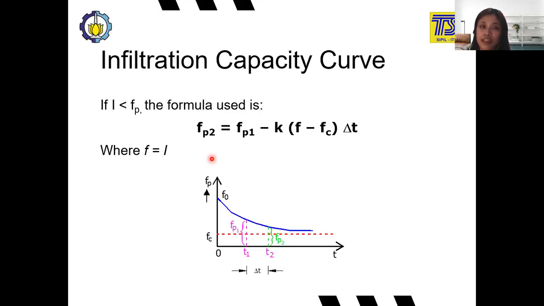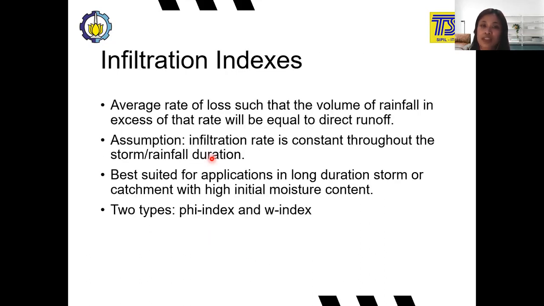And regarding this infiltration capacity curve, it is also related to the infiltration index. This infiltration index is the average rate of loss such that the volume of the rainfall in excess of that rate will be equal to the direct runoff.